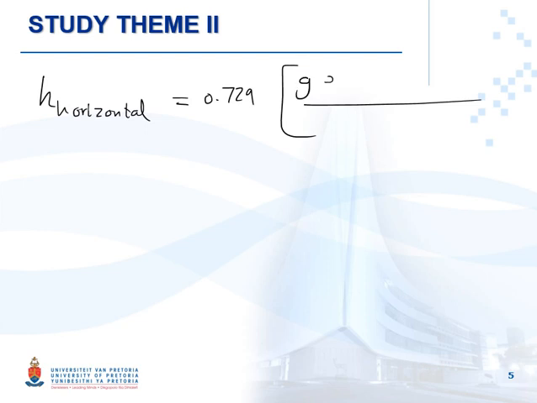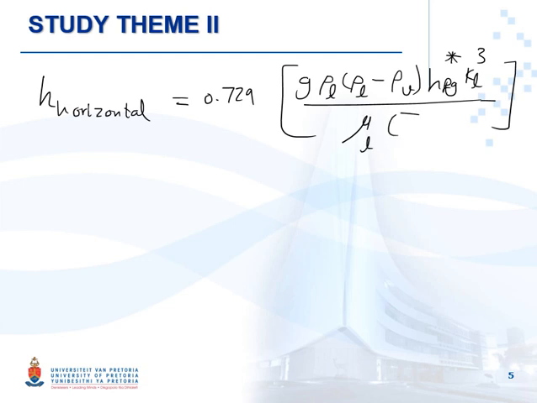You don't need to memorize any of these, you just go to your textbook and find the right one: g star plus k_l, divided by mu_l (T_sat minus T_s) multiplied by D. Okay, we have this correlation.